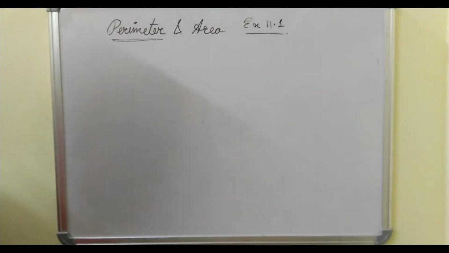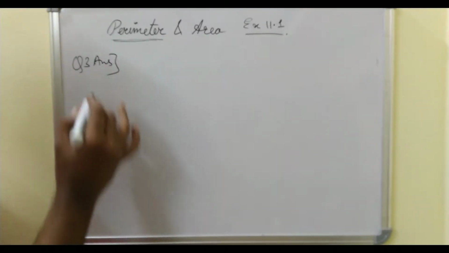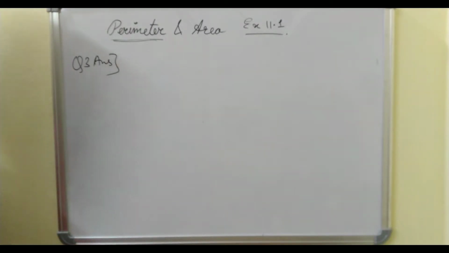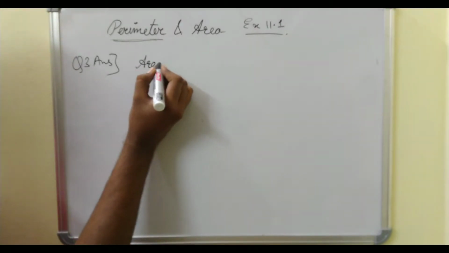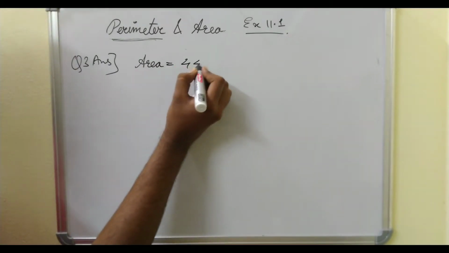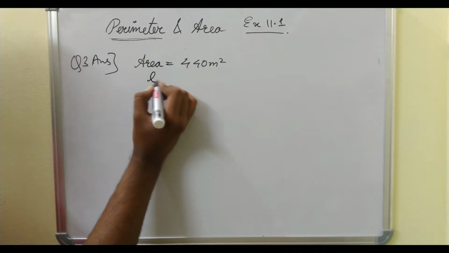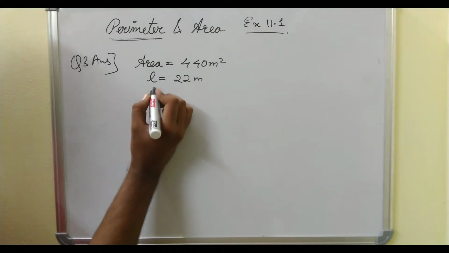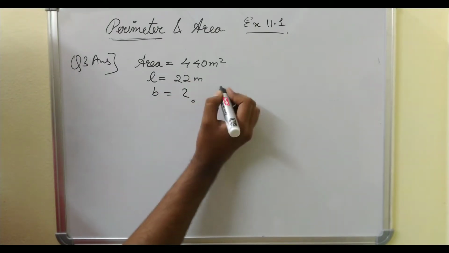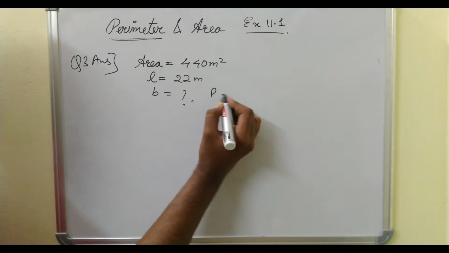Let us move on. So the third question is, find the breadth of the rectangular plot of land if the area is 440 meters square, and the length is also given, that is 22 meter. We have to find the breadth and also the perimeter.